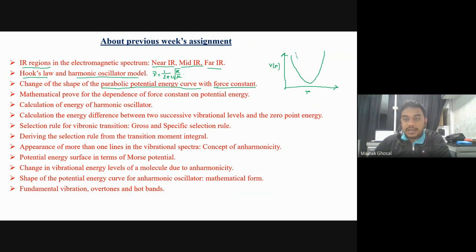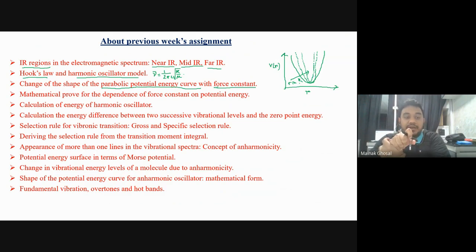It was shown that it will become much steeper with increasing K. As we increase K more, it will become much steeper. All this was discussed in the previous class. Here, from there to there is an increase in K. So it was discussed how the force constant affects the parabolic potential energy curve.